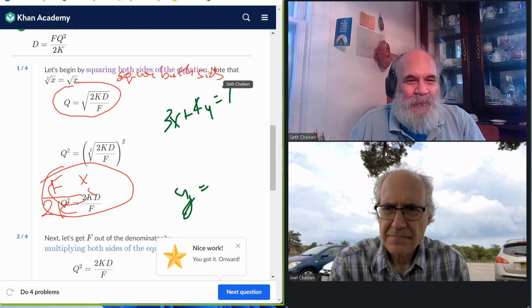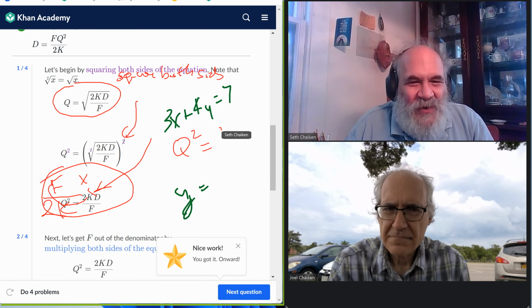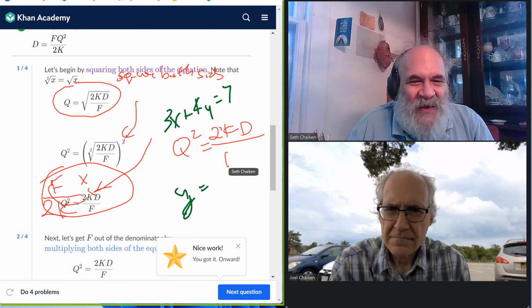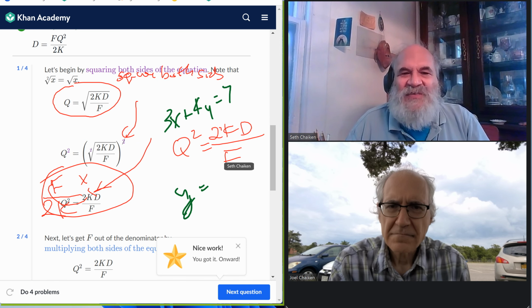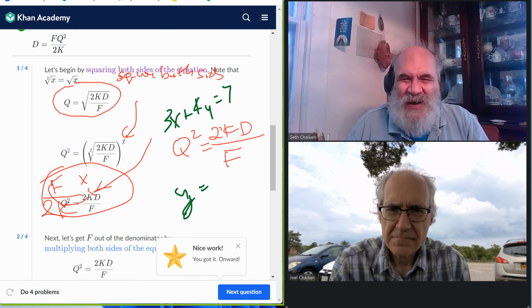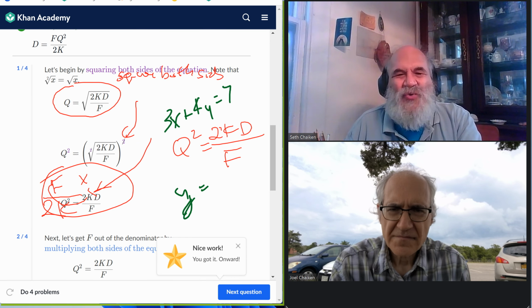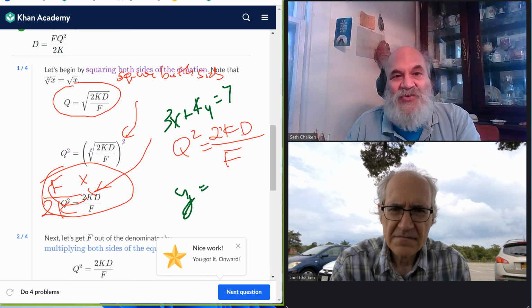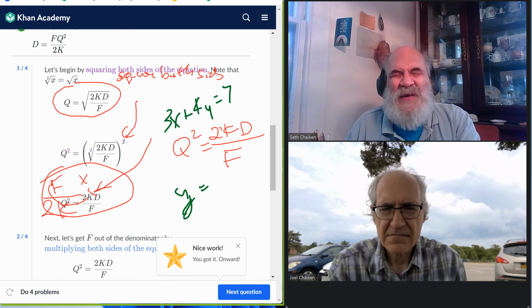That gives you Q squared equals 2 times K times D divided by F. D is in the numerator of the right-hand side, right? So you could just do what it takes to get D by itself, which is divide by 2, divide by K, and multiply by F.